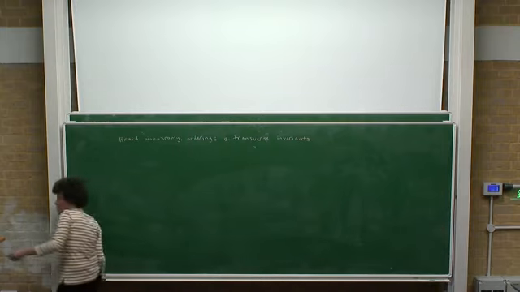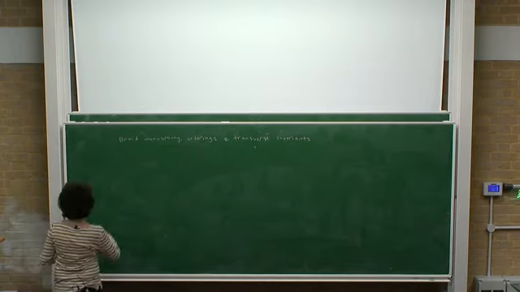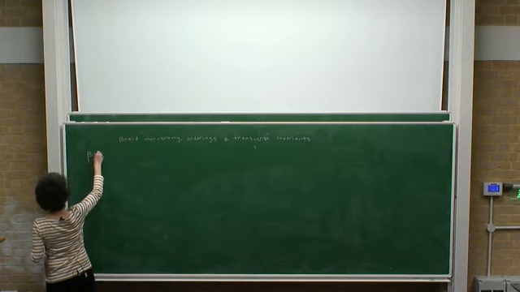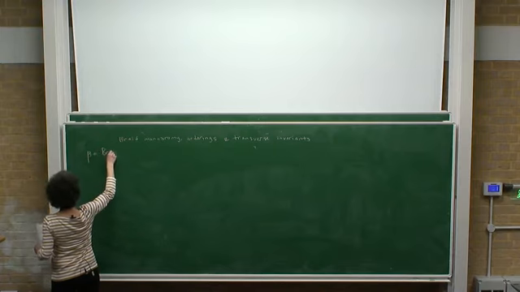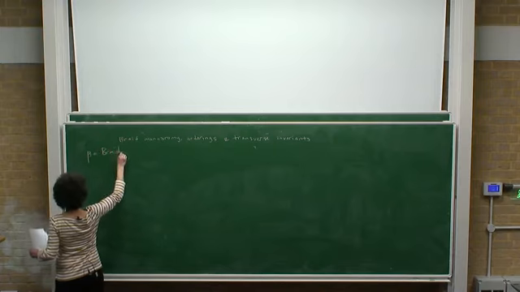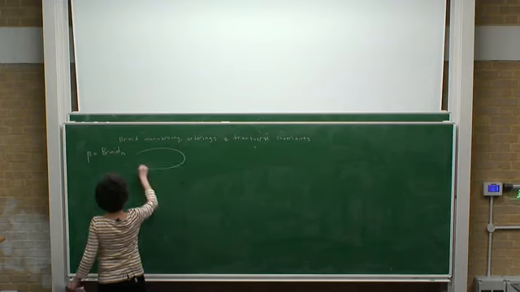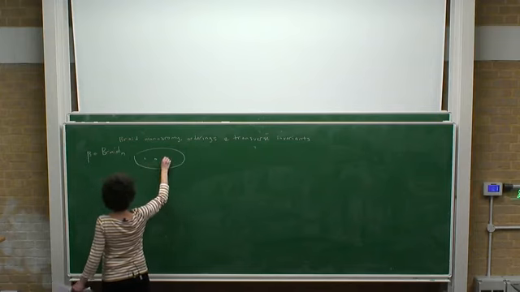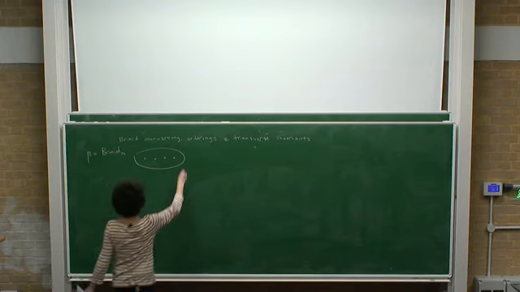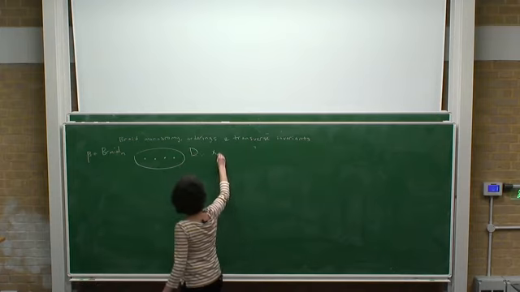All right, so now let's see. We have a braid, which has n strings, an element of the braid group on n strings. And I can think of it as acting on a disk with n marked points.